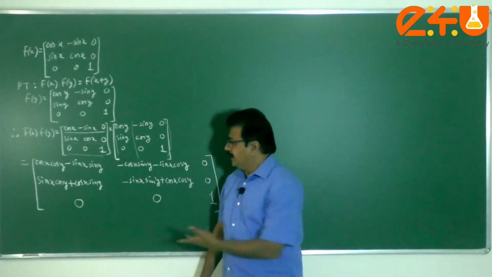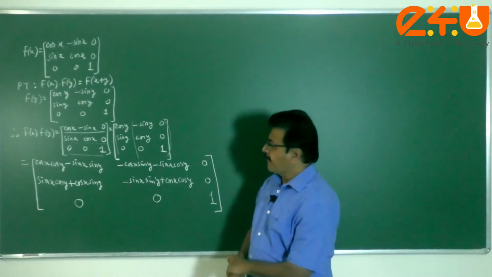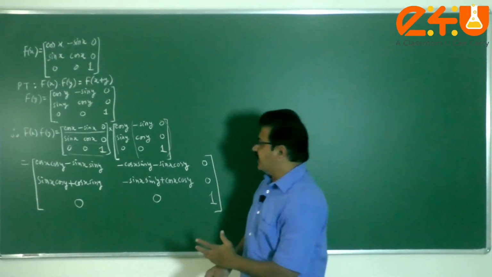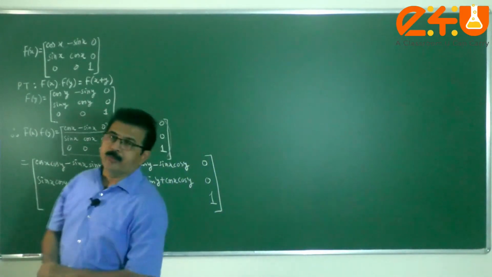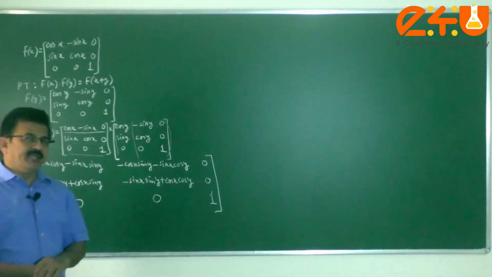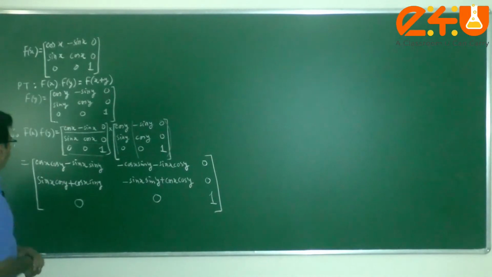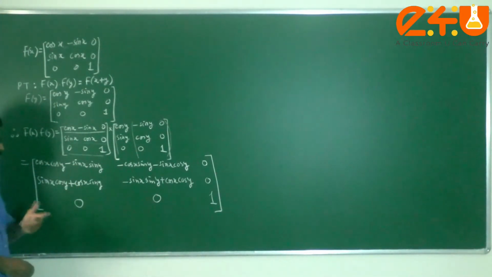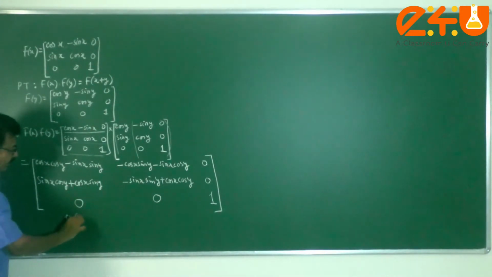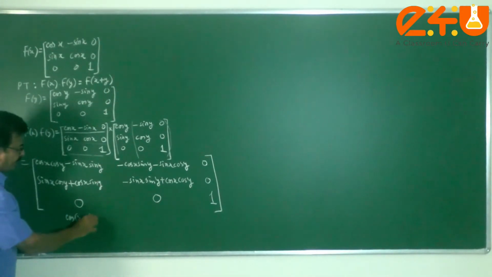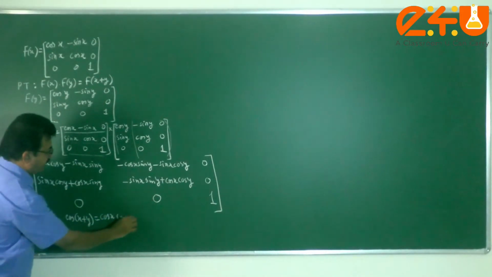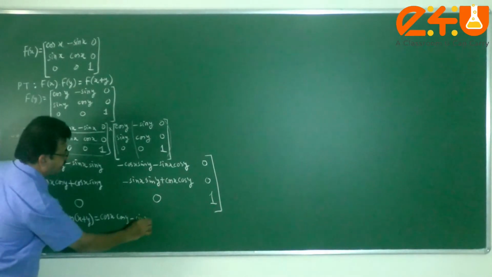Now students will find this one interesting because every element becomes a trigonometry identity by itself. Are you noticing that cos x cos y minus sin x sin y is a class 11 identity for cos of x plus y? Cos of x plus y gives cos x cos y minus sin x sin y.